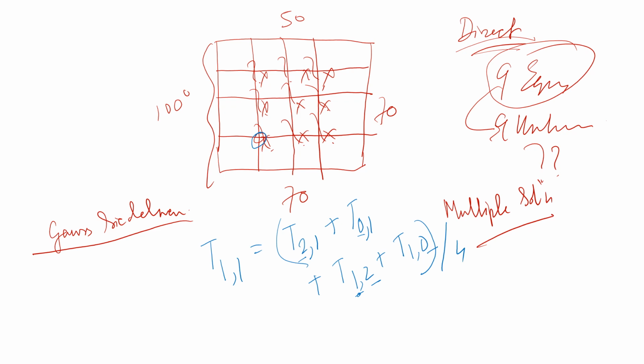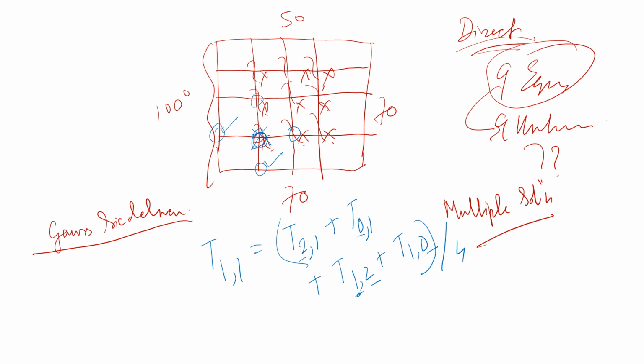So if you observe this now, as I have already discussed in the previous method, to find out the temperature at this point, we need the temperature at this point, this point, this point, and this point. The points at this part and this part are known because they are at the edge. So all the points on the edge will have the same temperature.